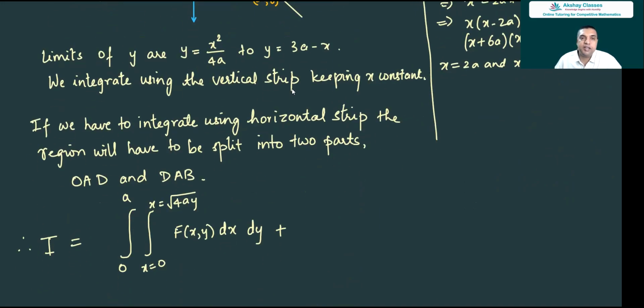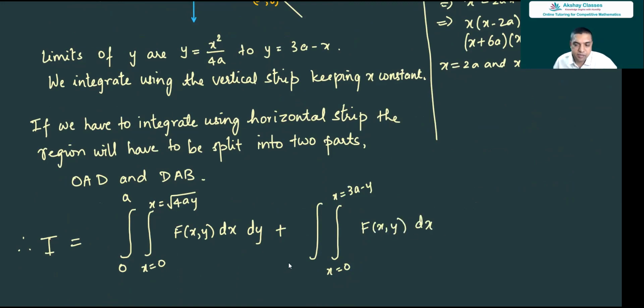So this will be the integral from x equal to 0 to x equal to 3a minus y, dx. First integrating with respect to x, then with respect to y. Now y will vary from a to 3a.